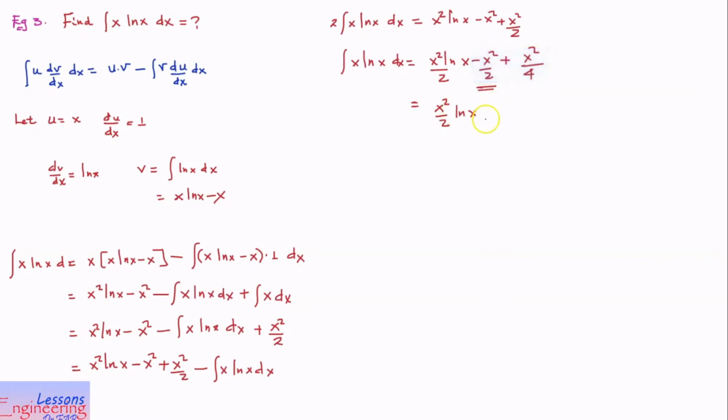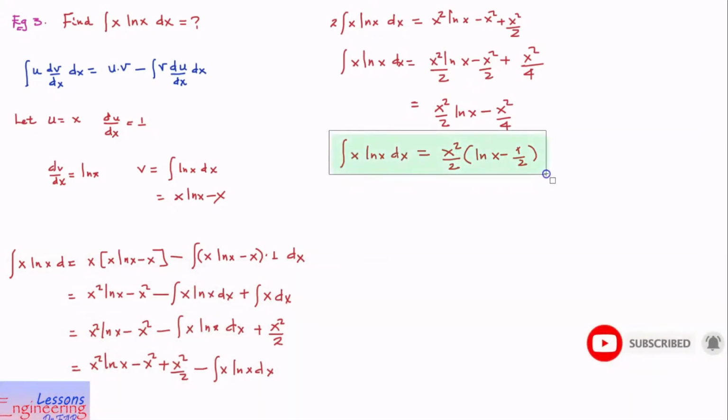This will be minus a quarter, that's x squared over 4. We can end here, or we can take that common factor, x squared over 2, so that will be ln x minus 1 over 2. Okay, so that is the solution for the integral of x ln x dx.